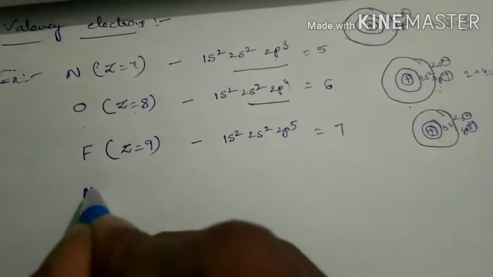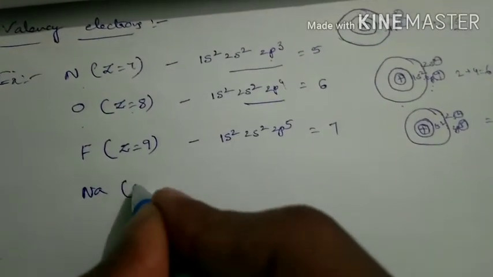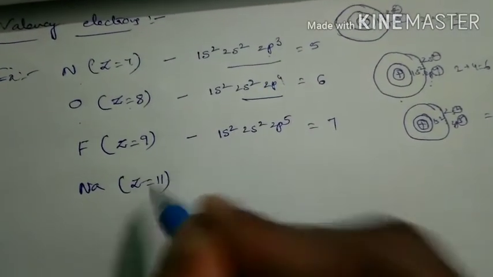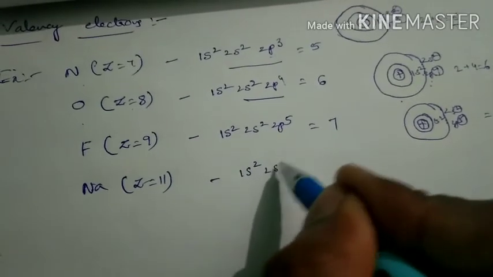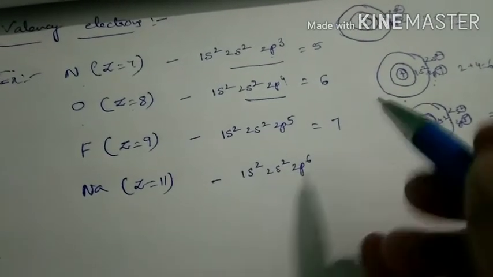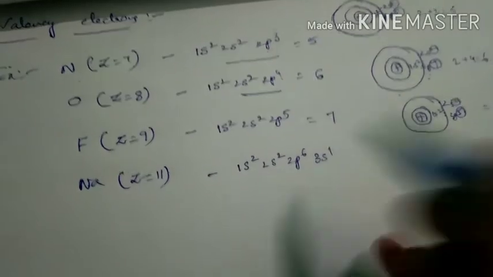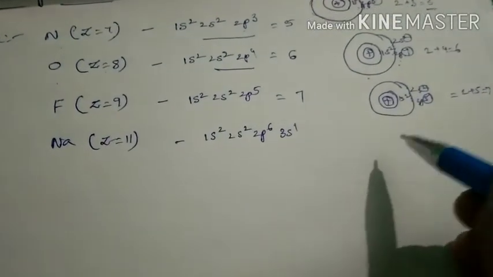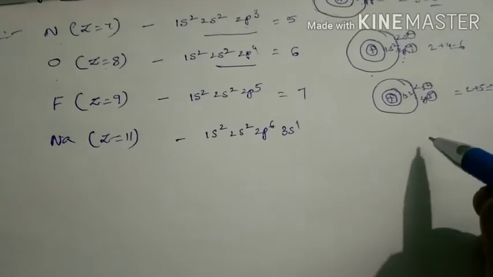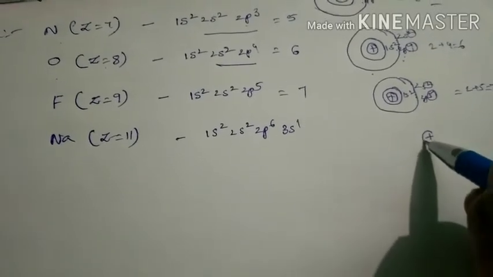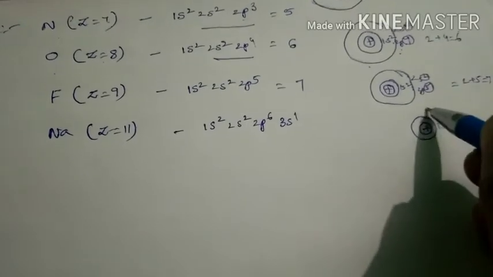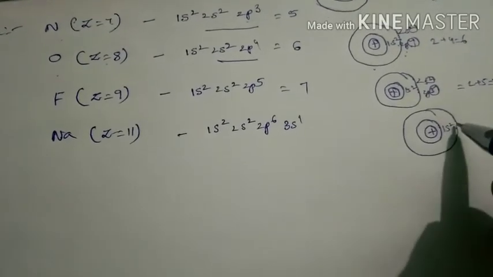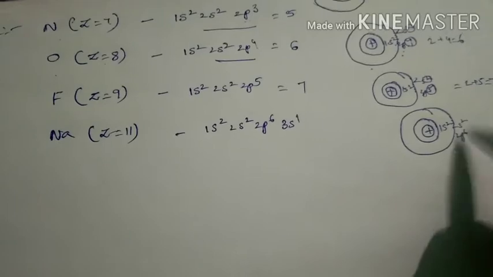For example, take sodium. Its atomic number is 11. Its electronic configuration is 1s2, 2s2, 2p6, 3s1. So what are its valence electrons? This is the nucleus, this is the first orbit, 1s2. This is the second orbit, 2s2, 2p6.